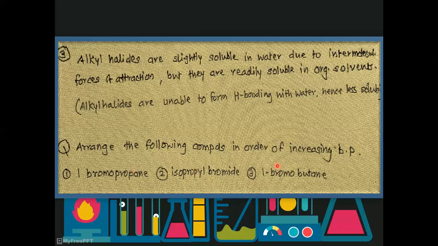In the third compound, it is derived from butane having 4 carbons, and it is 1-bromobutane. Because of the bigger size of this molecule, it has a higher boiling point than 1-bromopropane and isopropyl bromide.